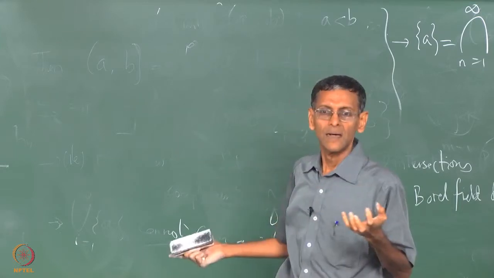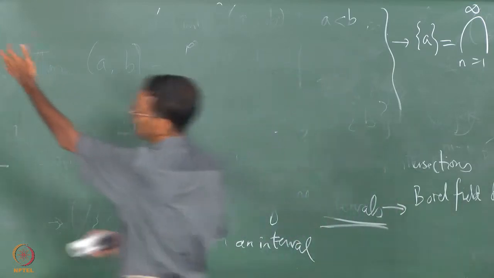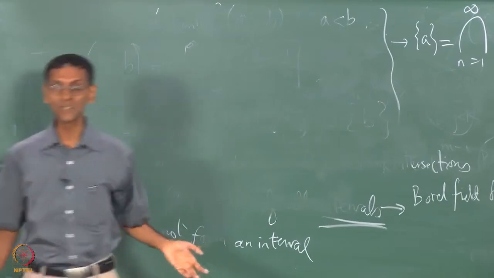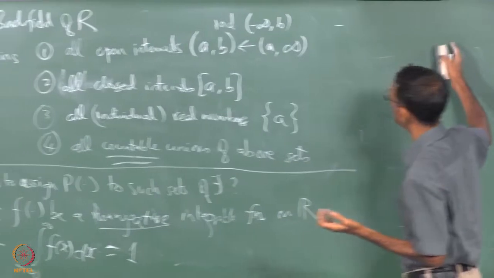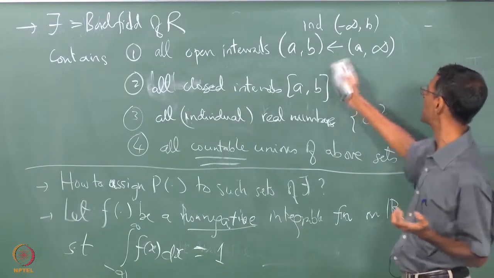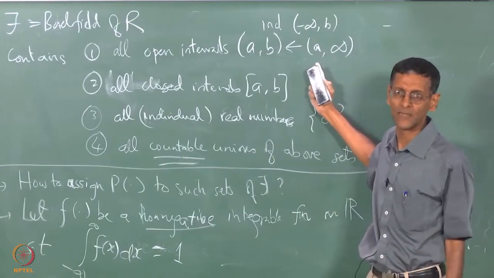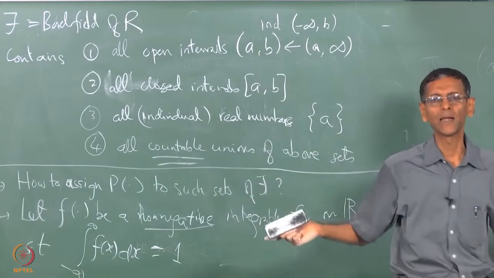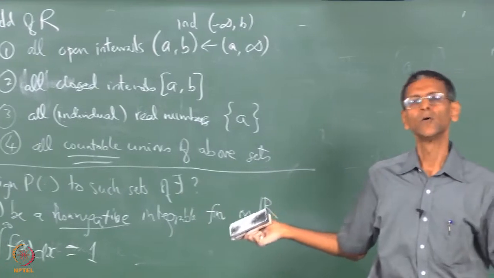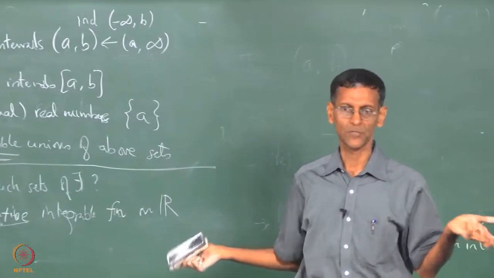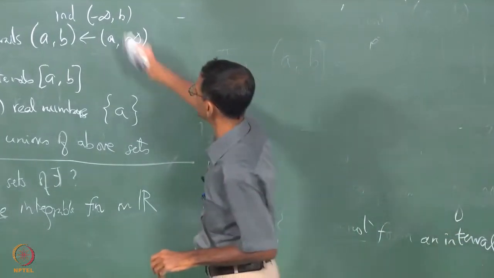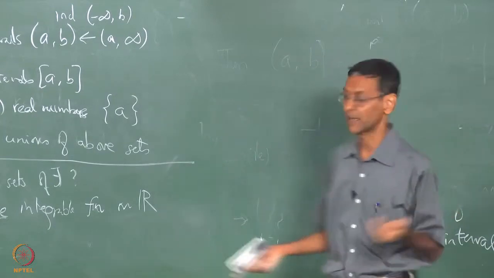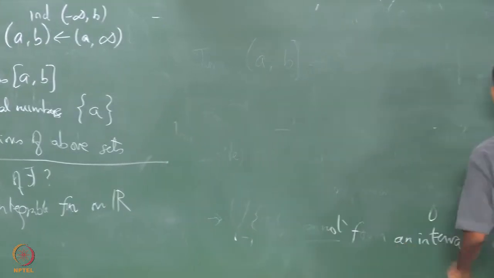Then F we have said is going to be all of this. Of course, if you have omega as only 0, 1, for example, then all of this will be inside the omega itself. So we don't have to worry about infinity when it's not there.